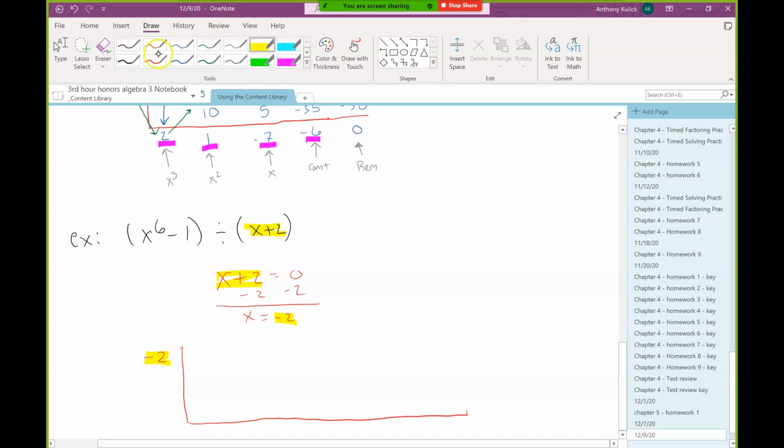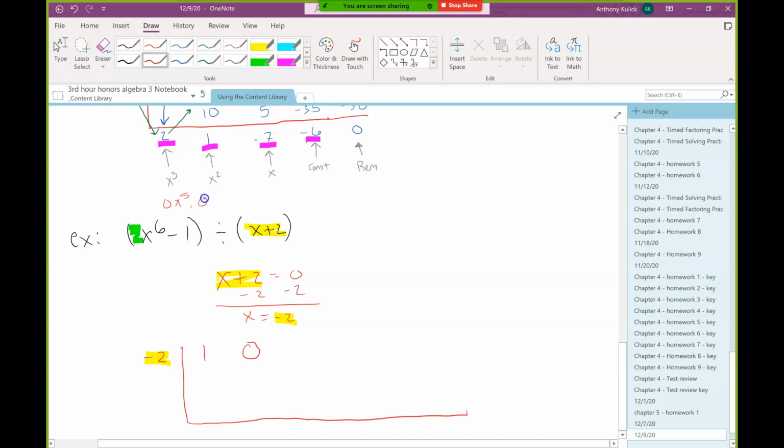And the numbers on the inside of my synthetic division problem are going to be the coefficients from the dividend. So the first coefficient would be, anybody? Well, I have 1x to the 6th. So the first coefficient should be 1. What's the next coefficient going to be? Wouldn't you have to keep doing 0 to x to the 5th until you got down to this 1?